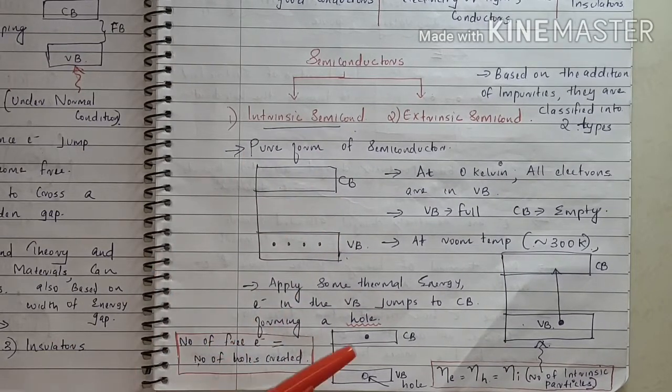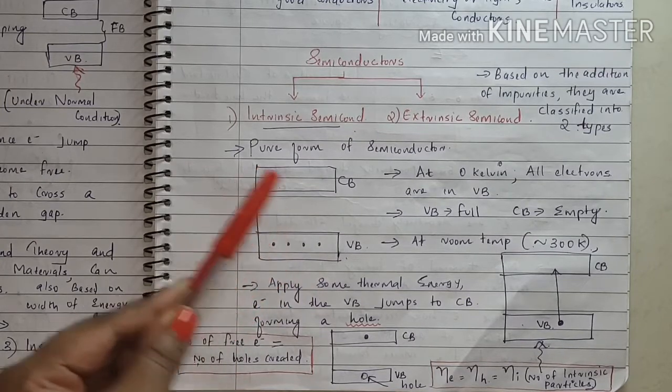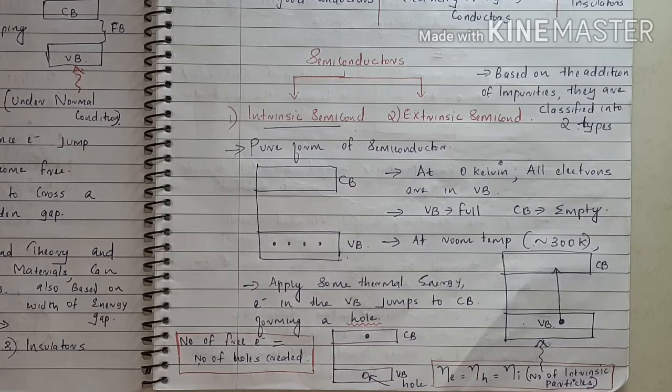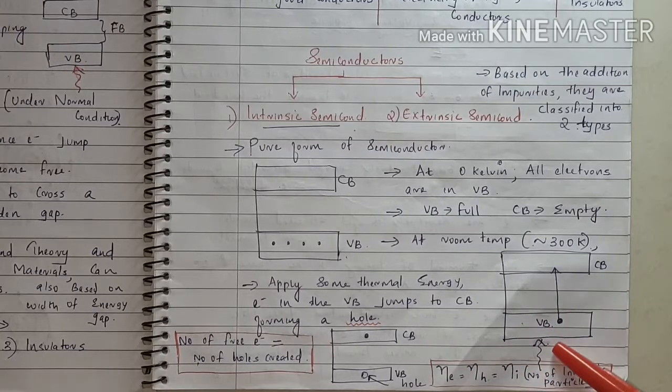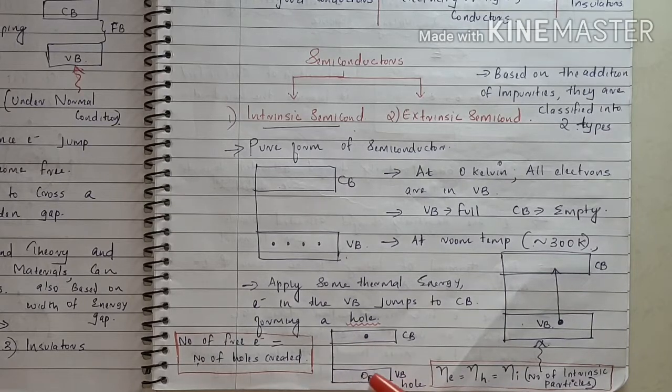But at room temperature, approximately 300 degree Kelvin, electrons in the valence band jump to the conduction band, leaving behind a hole in the valence band. So if we apply some form of external energy, electrons in the valence band jump to the conduction band, leaving behind a hole in the valence band.